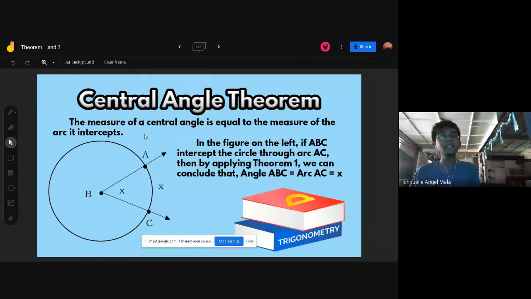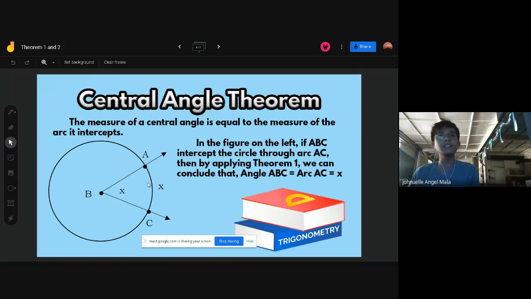It pertains to the theorem that says the measure of a central angle is equal to the measure of the arc it intercepts. Basically, the measure of angle ABC, as stated in here, is equal to the measurement of arc AC.